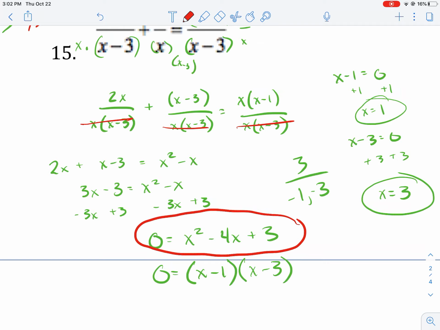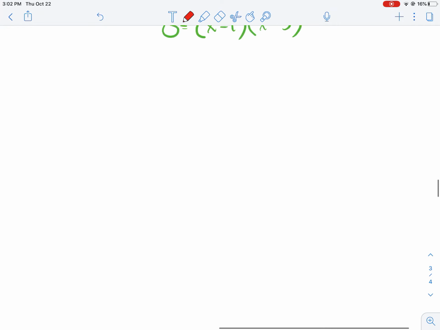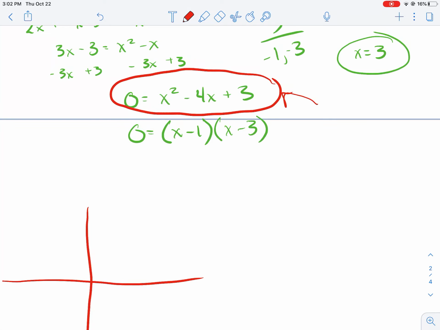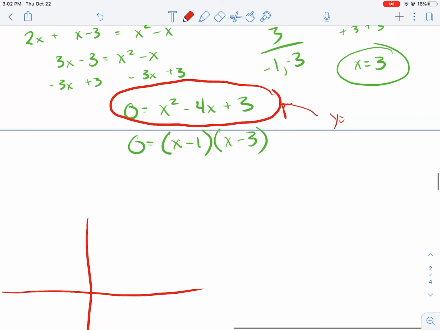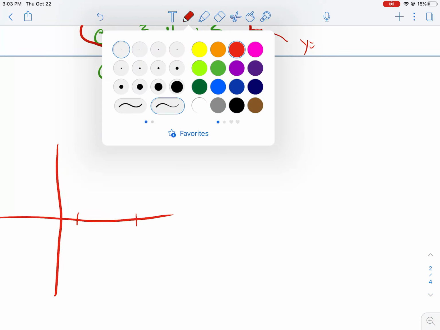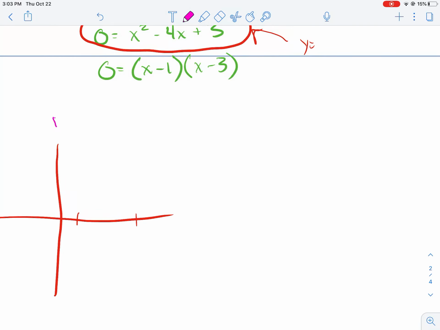And remember, when we're solving quadratics, what we're really finding, and if you were to put this in your calculator into your y equals, you would see that these 2 points in our graph is where the graph of our equation crosses the x-axis. So it crosses the x-axis at 1 and when x is equal to 3.